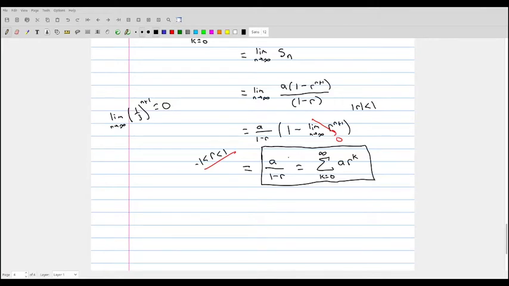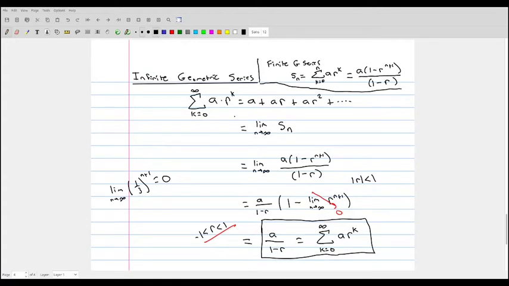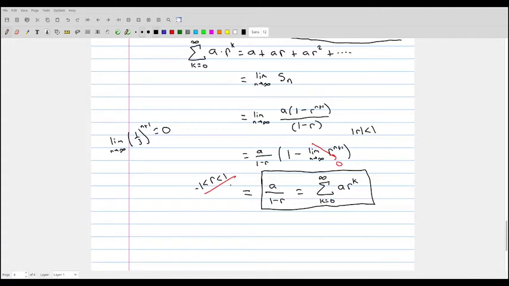And sure enough, if r is equal to 1, the easiest thing to look at is the series itself. You get a plus a plus a plus a plus a. Or if r is equal to -1, you get a minus a plus a minus a plus a, both of which are divergent series. So r really cannot be equal to 1 or -1 either. This formula only holds if r is strictly between -1 and 1.